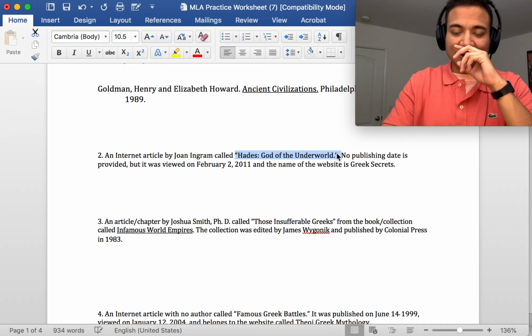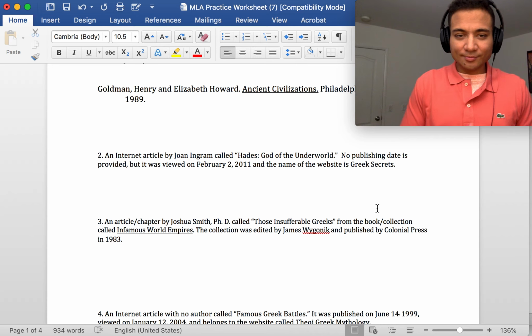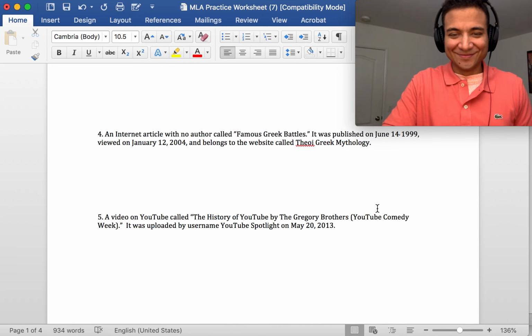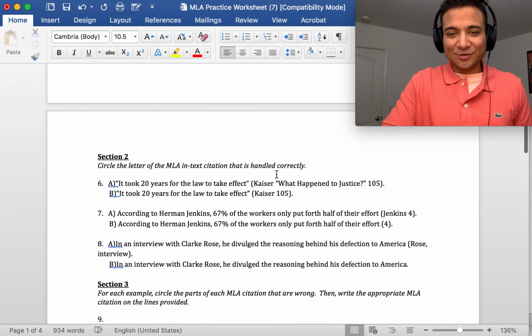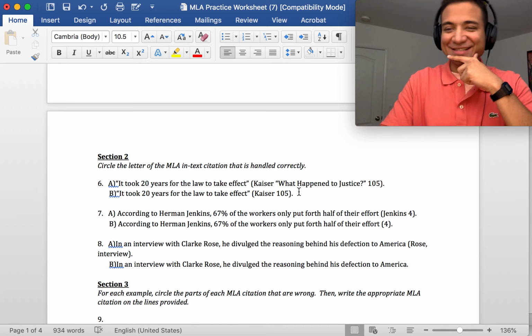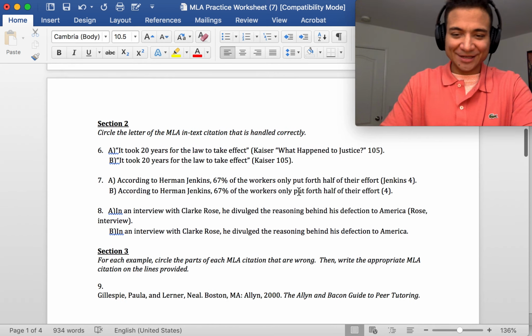Instead go off of determining whether or not it's a component or a container, okay? Some are going to try to trick you. This one, hopefully this one does not trick you, because this is what we covered about the in-text citations. And remember, avoiding redundancy. So revisit that part of our video.